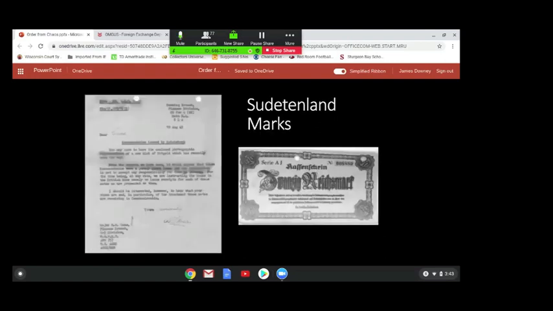Locally produced notes, this type was produced through the Reichsbank in the Sudetenland. The accompanying note comes from 21st Army Group, which was British, who were in charge of that, identifying this type of note having been found. The image on the right is the only one that's not from my collection, because this image is from the documents themselves.